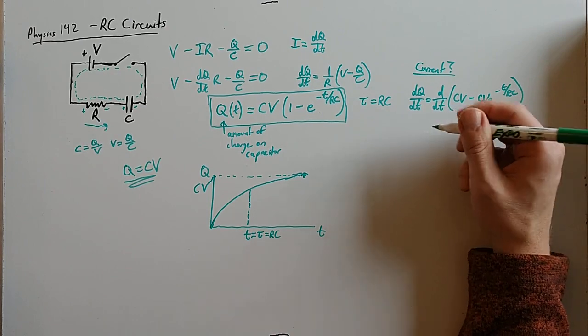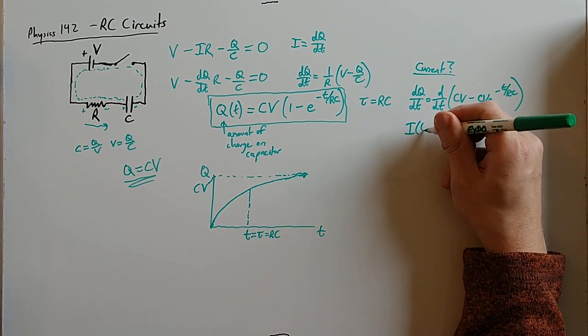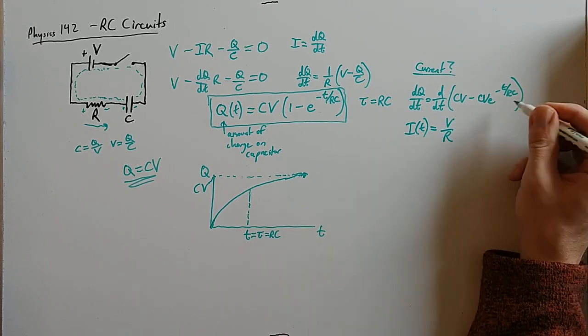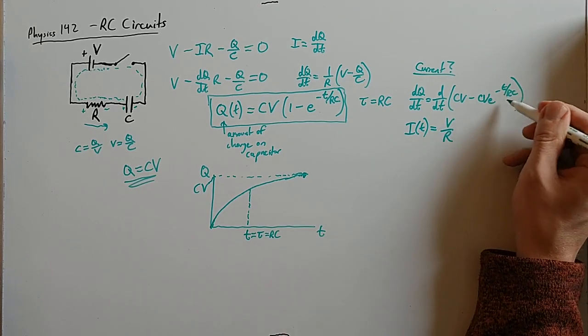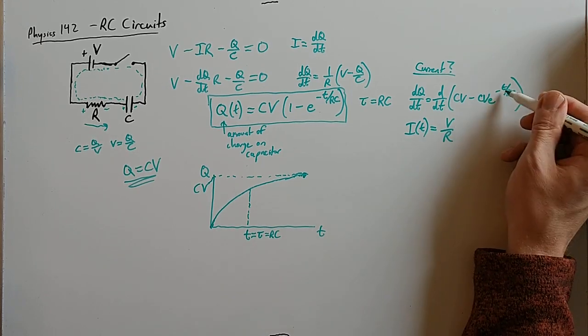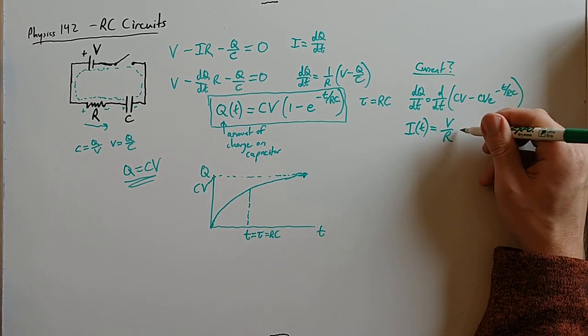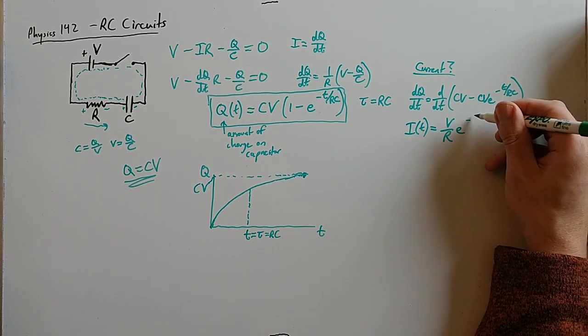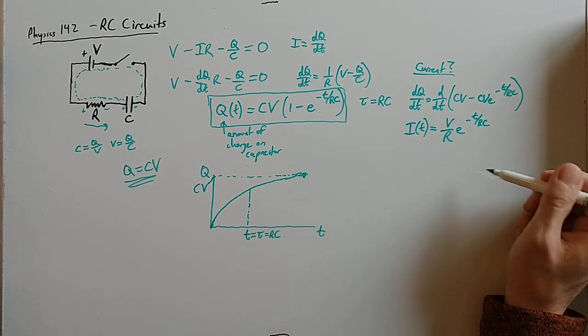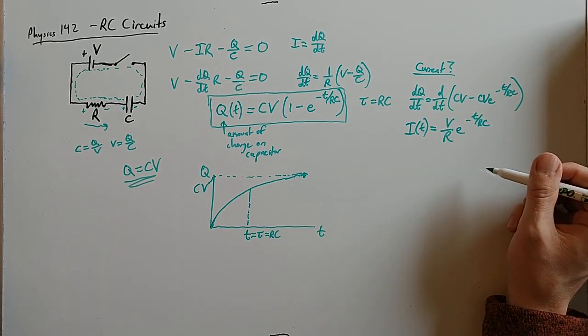And so what we end up getting is that I of t, this dq/dt, ends up being V over R, because we had 1 over RC, so the C's cancel. We're just left with V over R. The minus signs cancel, so it becomes positive. And then e to the minus t over RC. That's the derivative of that function there.